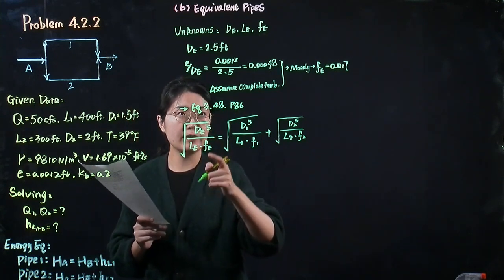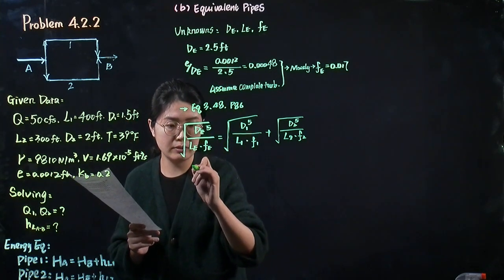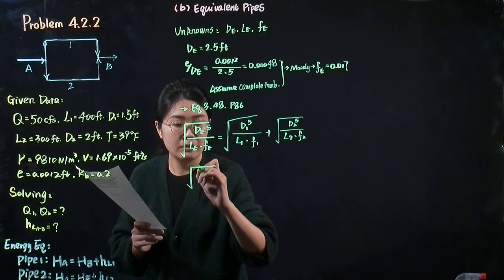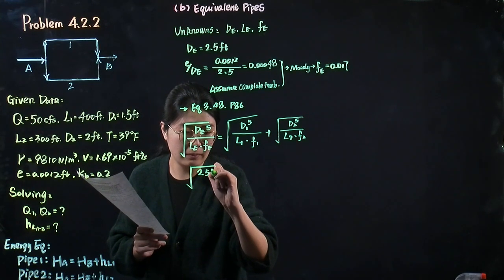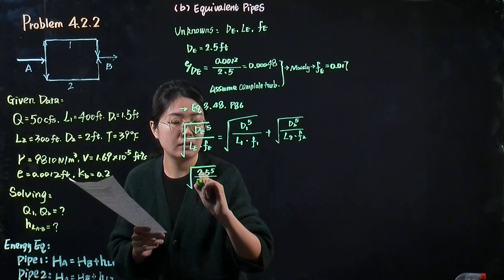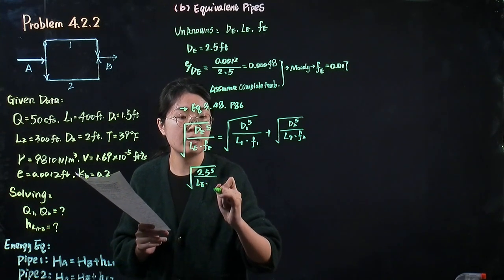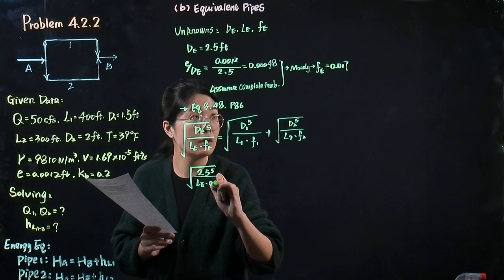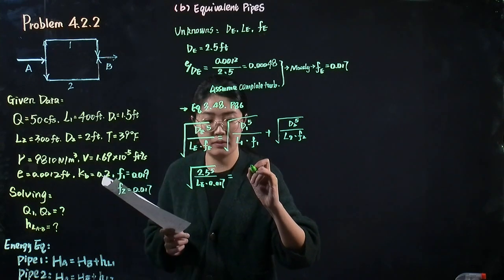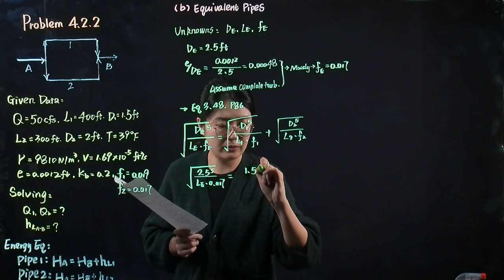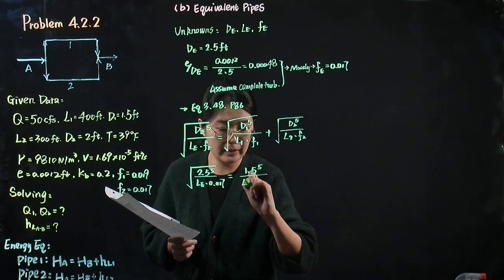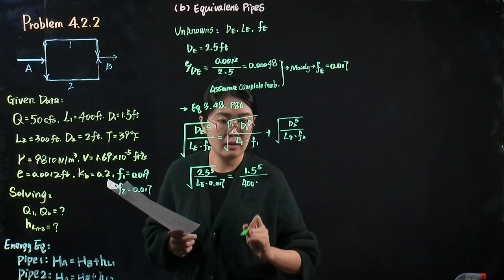If we bring the values back to this equation, we can get 2.5 to the power of 5 over equivalent length times friction factor, which is 0.017, equals to 1.5 to the power of 5 over L1, which is 400.